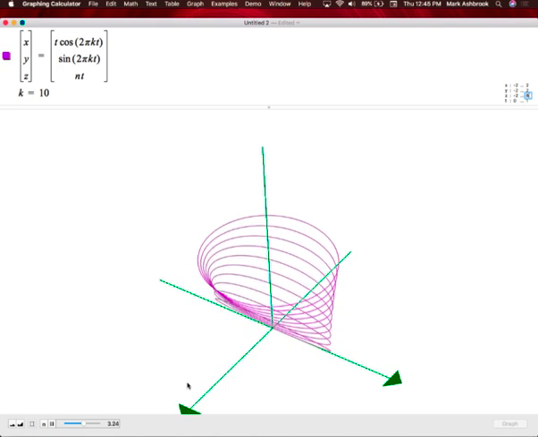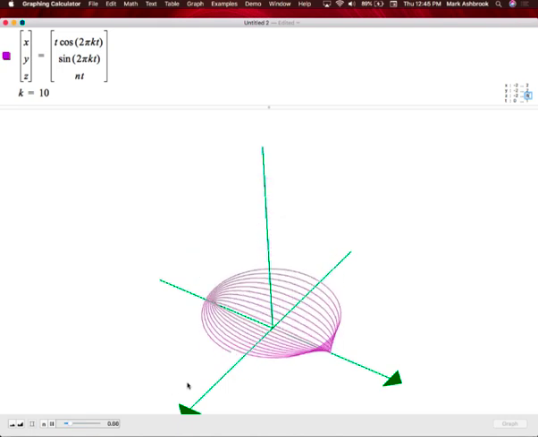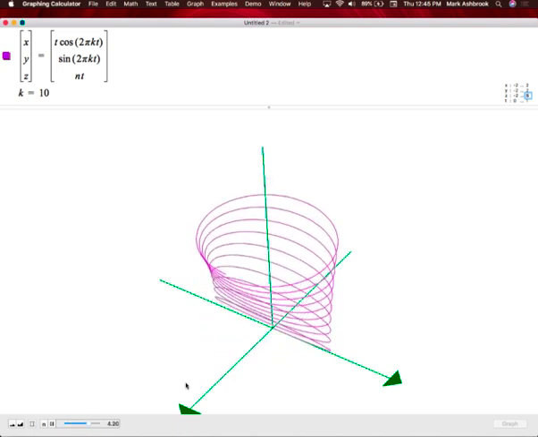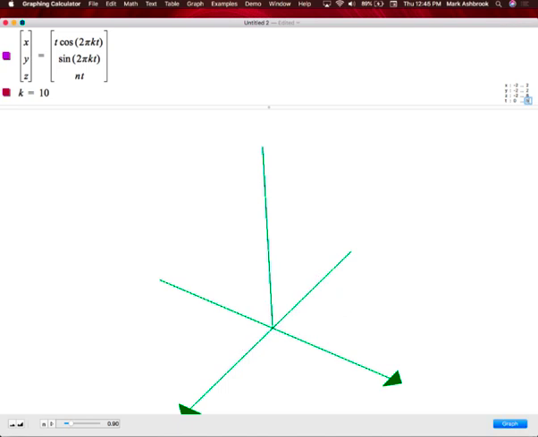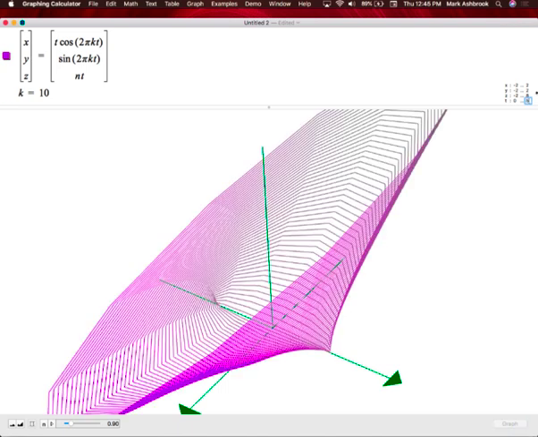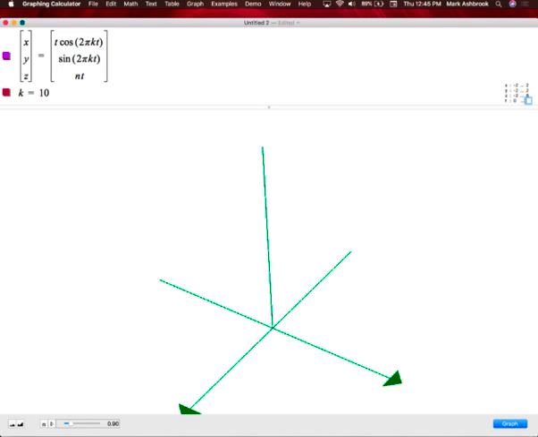Not seeing x. So x should keep growing, right? Oh, it's only from 0 to 1. So in order to see it, we'd have to make t go from 0 to something else, like from 0 to 5. Let's try that. No, let's try 2.